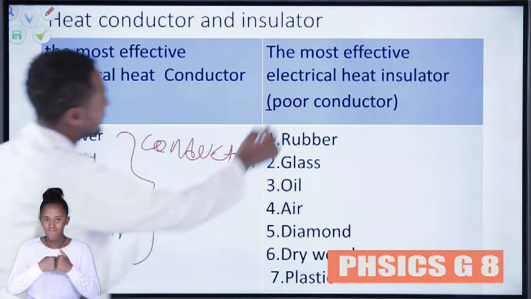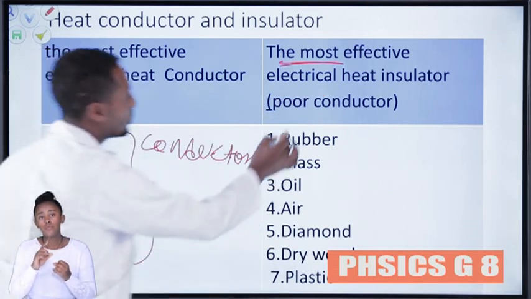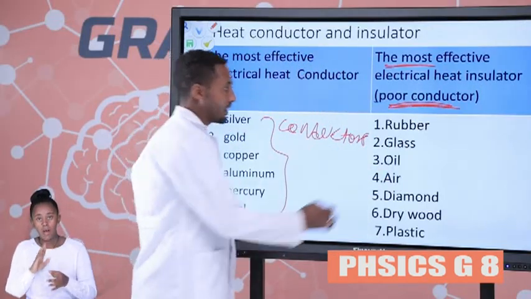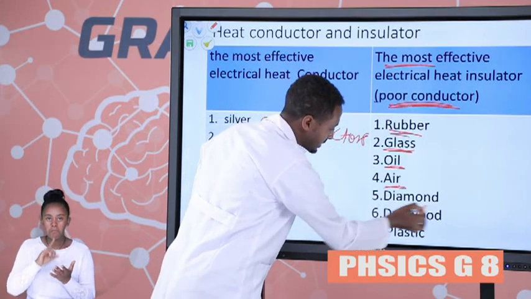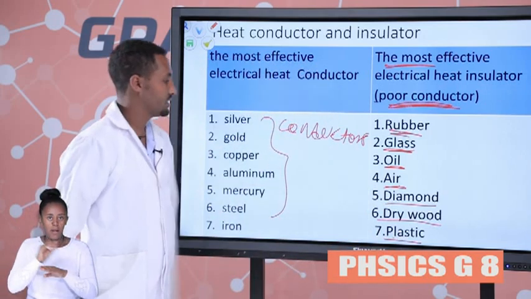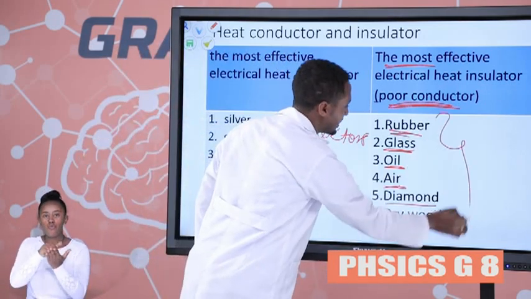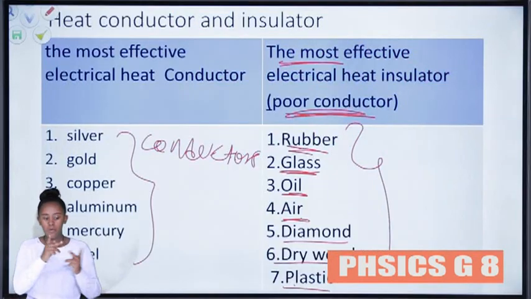And the most effective heat insulators or poor conductors are rubber, glass, oil, air, diamond, dry wood, plastic. These all are poor conductors, they do not transfer heat from one place to another.